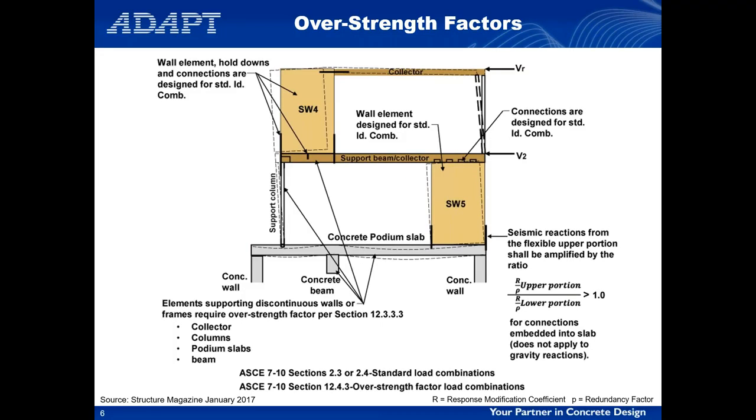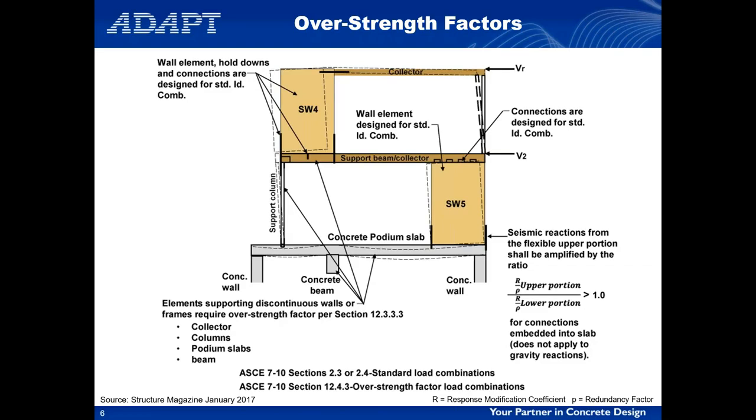This is another diagram that I thought was interesting, that I borrowed from the article that I referenced. Here it shows the more flexible superstructure for the structure above, and then you have the interface between the more flexible superstructure and the more rigid post-tension podium structure below.